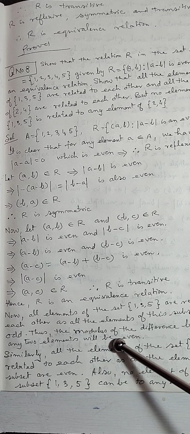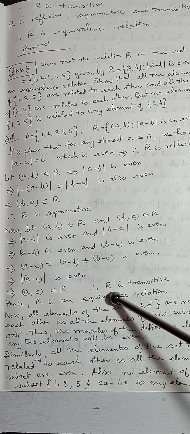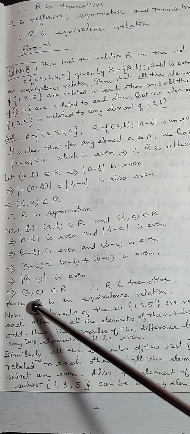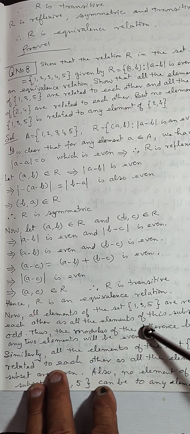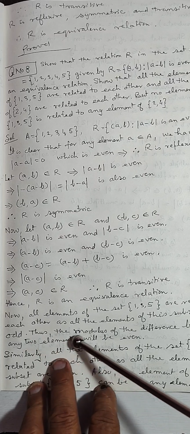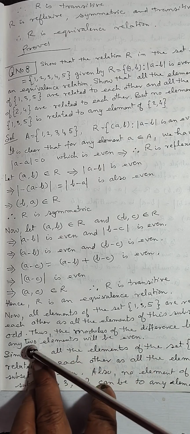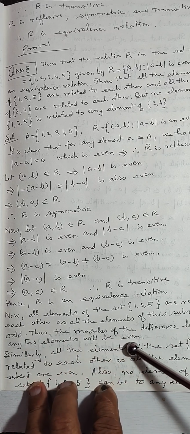For example, देखिए 7 minus 5 is 2, 9 minus 7 is 2, 13 minus 9 is 4. तो हर केस में हम देखते हैं कि इवन होगा.